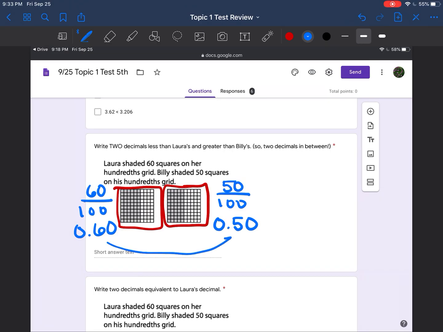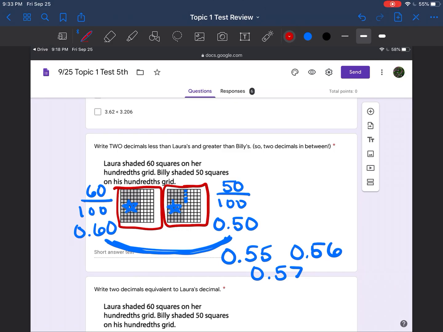So we have to come up with 2 decimals basically that are in between these decimals. Okay, so there are a lot of options. You can do 51 hundredths, 52 hundredths, 53 hundredths, 54, and so on. So an example could be 55 hundredths and 56 hundredths, or 57 hundredths, okay? Because this is 60 hundredths, this is 50. So all of these options here we can choose from to get to 60 hundredths.